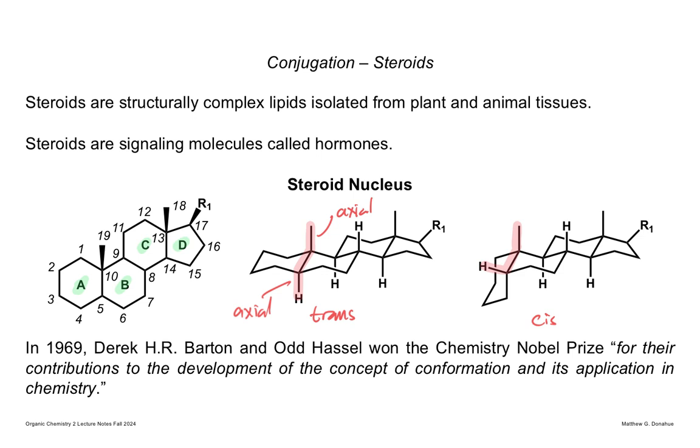Or in the cis, you now have this hydrogen here, which is equatorial. So even though this is common knowledge now, it's in every textbook, at some point in time it was not. And they're the people that really sort of coalesced all these ideas and published on it to say that all of those hydrogens in that ring are actually different.